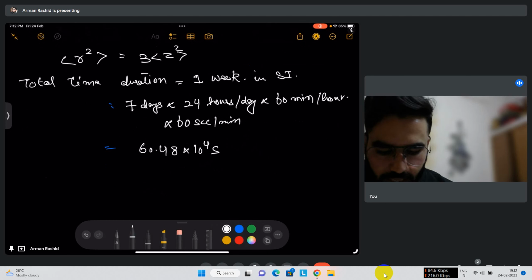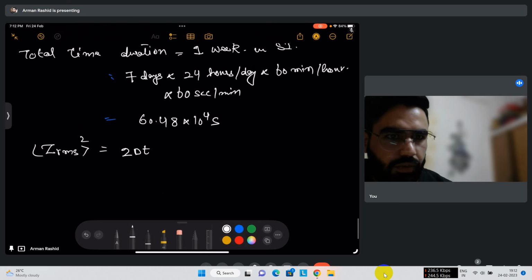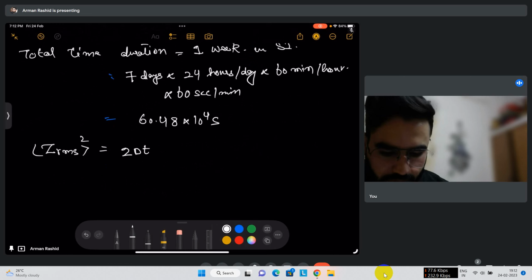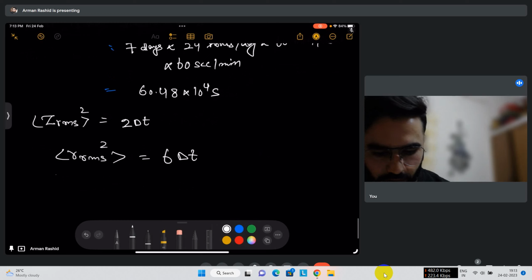Okay, as I already showed, z RMS square is equivalent to 2Dt, but for a three-dimensional motion we will write r RMS square will be given by 6Dt. Okay, so we have the diffusion coefficient that is given.